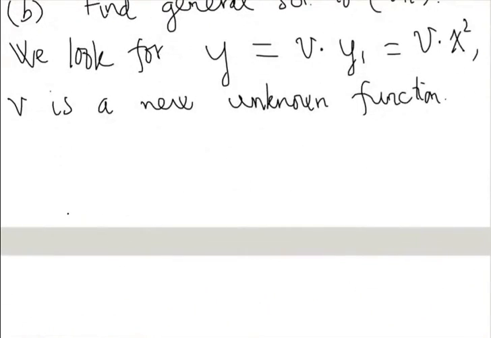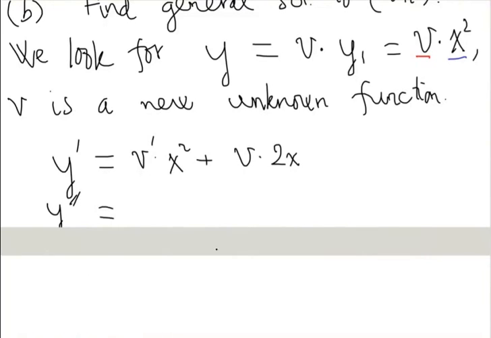So we need to take the derivative y' using the product rule. We have v times x^2, so the derivative is v' times x^2 plus v times the derivative of x^2, which is 2x. And then y'': we use the product rule again. The derivative one more time gives v'' times x^2, plus v' times 2x.